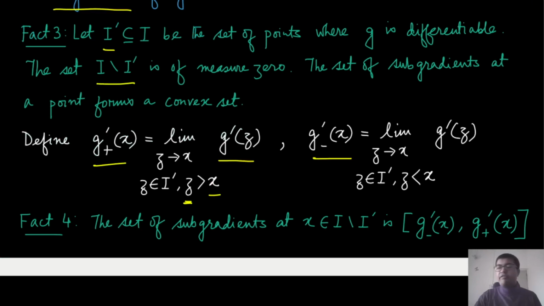Now the next fact is telling us that the set of subgradients at those x's where it is not differentiable is given by this interval. We know by the previous fact that the subgradients form a convex set, and this fact tells you what that convex set will be. It will be another interval, and you can find the interval by finding the limits of the corresponding derivatives.